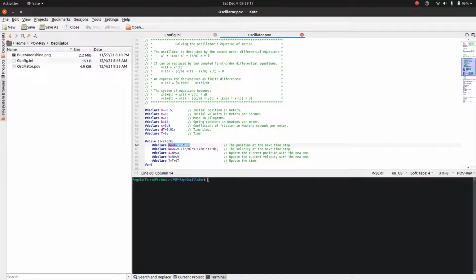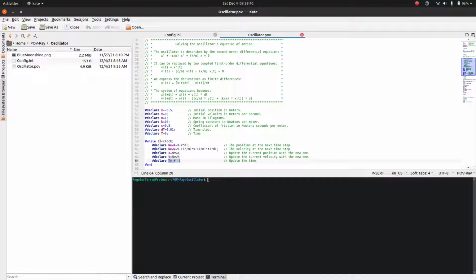Okay, we do a similar thing for the velocity. And once we have this new position and the new velocity, we can update the current position here and the current velocity here with the new value. And that's it.